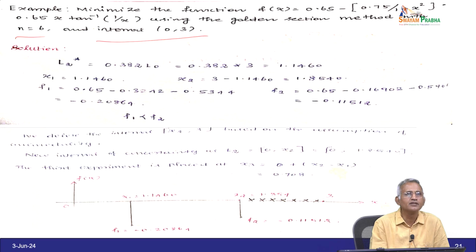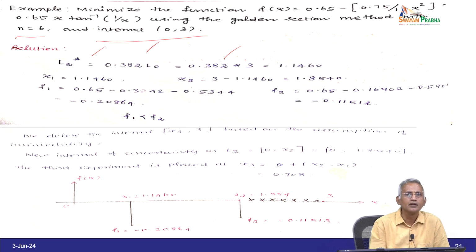Now, the solution is L2 star equal to 0.382 L naught. Here L naught is 3, therefore 0.382 into 3 is equal to 1.1460.